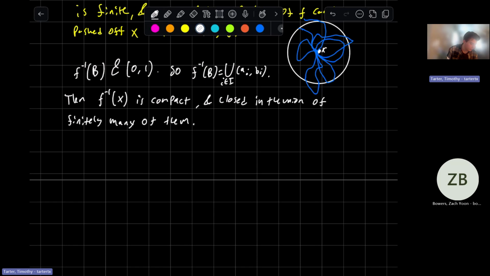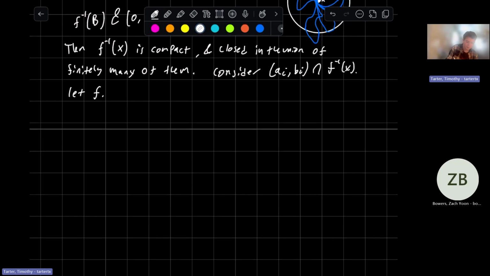And so consider one of the intervals (a_i, b_i) meeting f inverse of x. Consider (a_i, b_i) intersect f inverse of x.